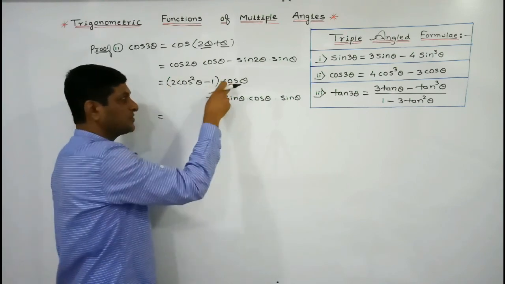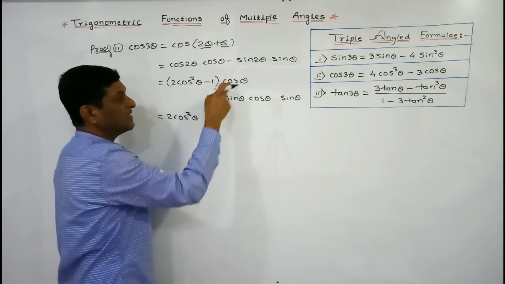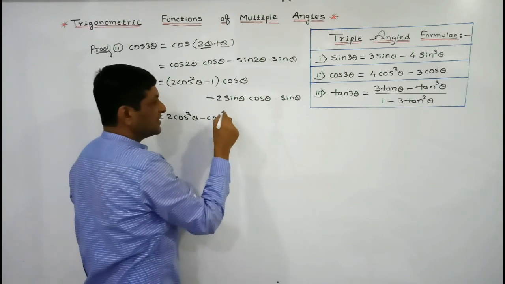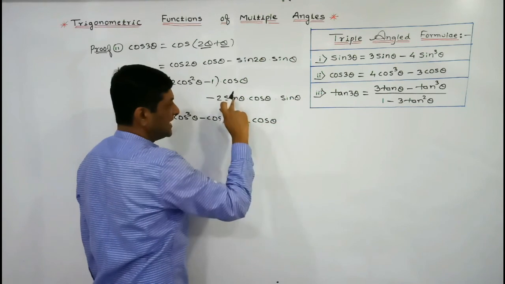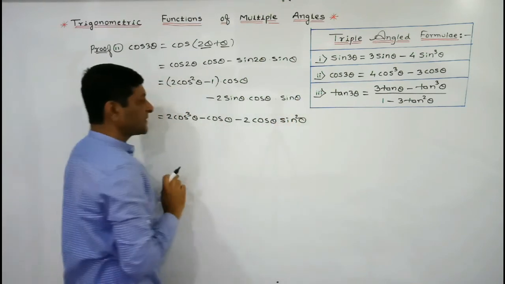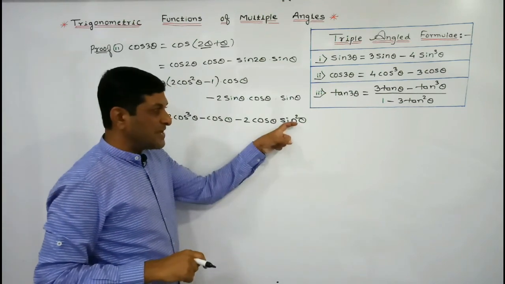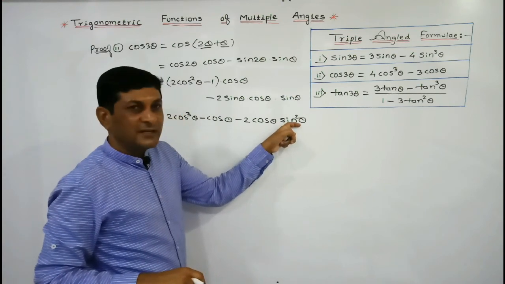in this bracket. Cos theta into 2 cos square theta is 2 cos cube theta. Cos theta into minus 1 is minus cos theta. Again here minus 2, keep this cos theta as it is, and this sin into sin will become what? Sin square theta. So our result is in terms of what? Cos. That's why using an identity we are converting this sin square into what?